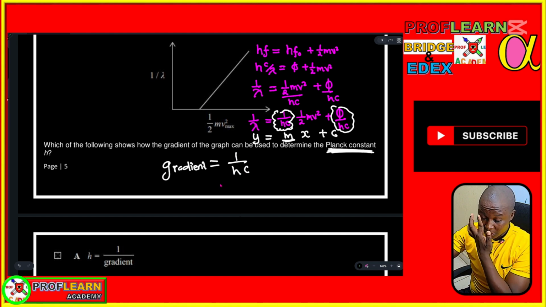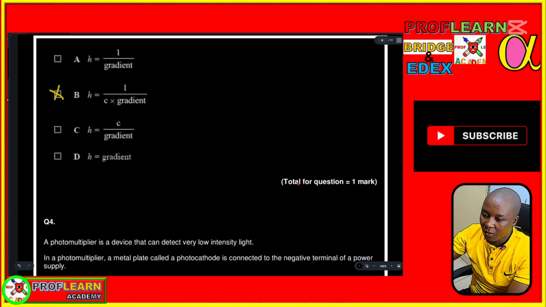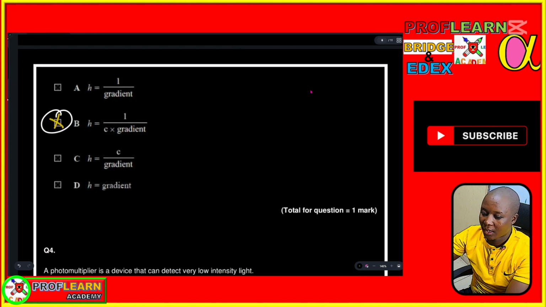If we want to find Planck's constant, we rearrange this equation and it becomes Planck's constant equals 1 over gradient times c. And if you work it out, you can see it's well seated here. Planck's constant is equal to 1 over c times gradient, which is the same thing that I've highlighted at this given point.